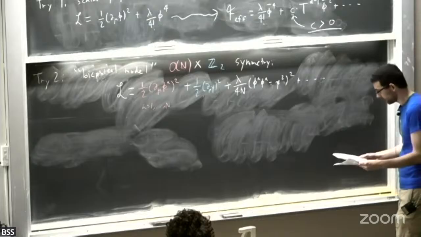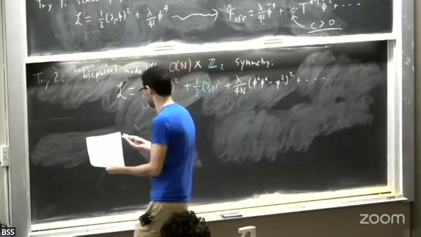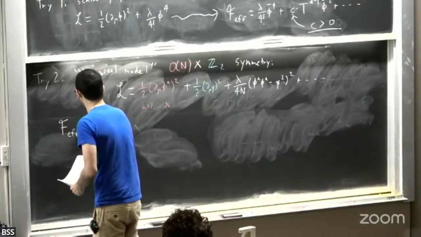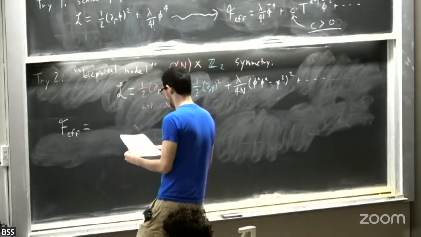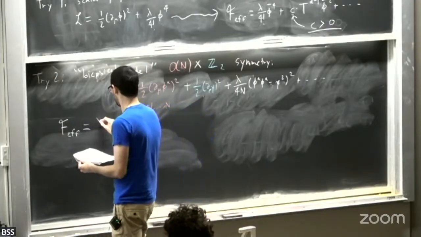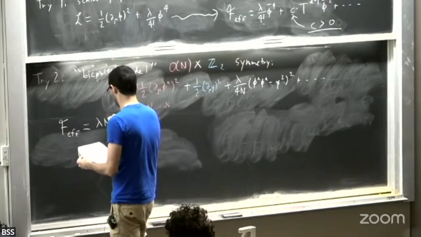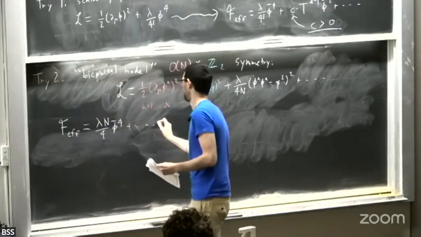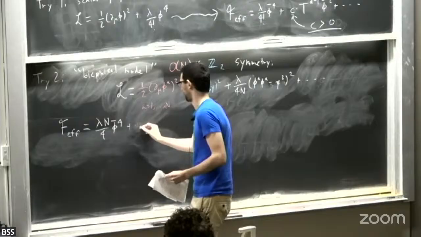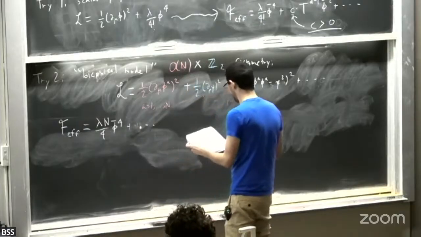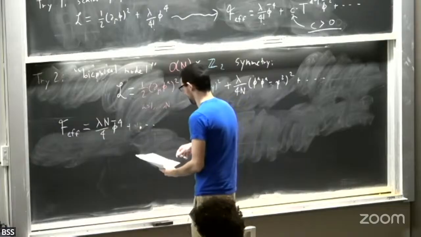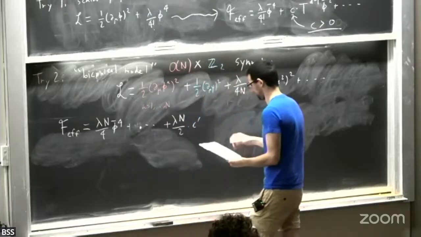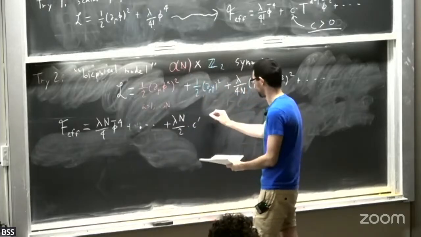And indeed, Weinberg did this calculation and found the following. This effective free energy is something like lambda n phi to the 4, phi to the 4, and there's all the vacuum-like terms and the thermal mass term, there's some C, normalization factors have changed, so who knows?